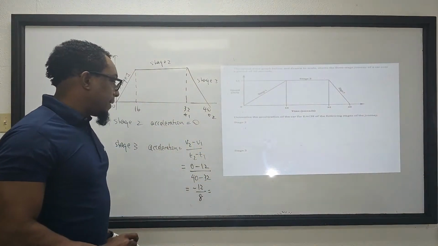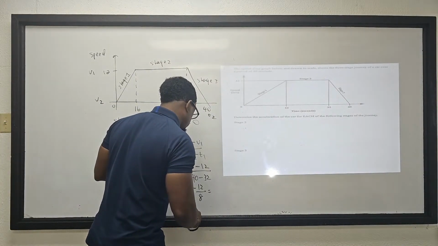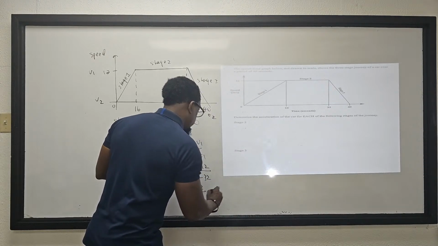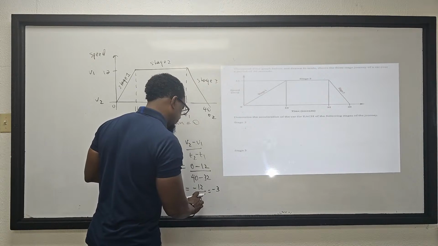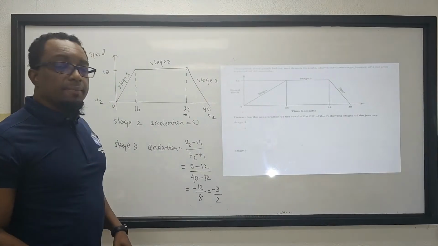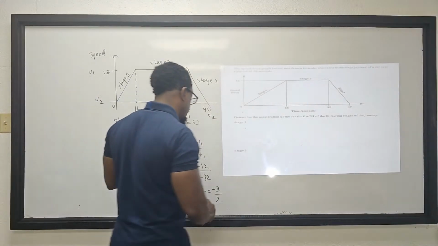So this is the same as negative 3 over 2. Right, so we have negative 1.5 meters per second squared.